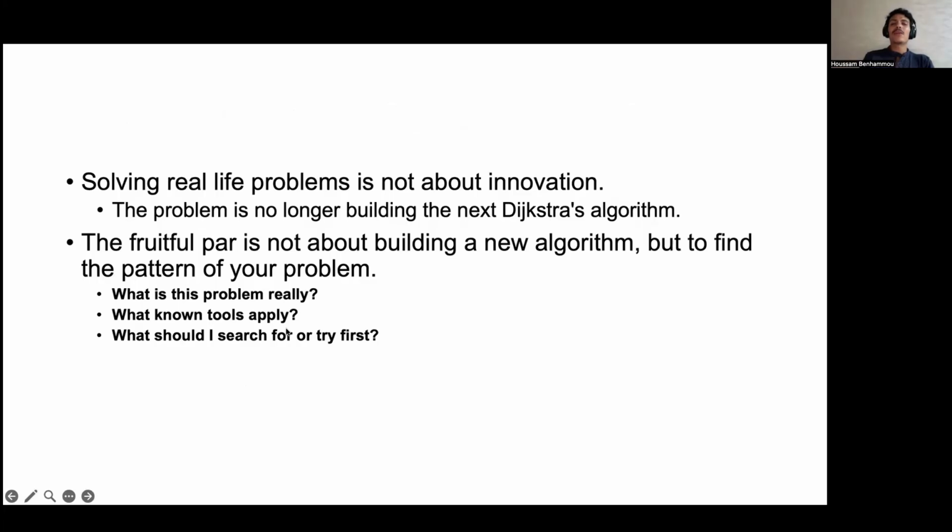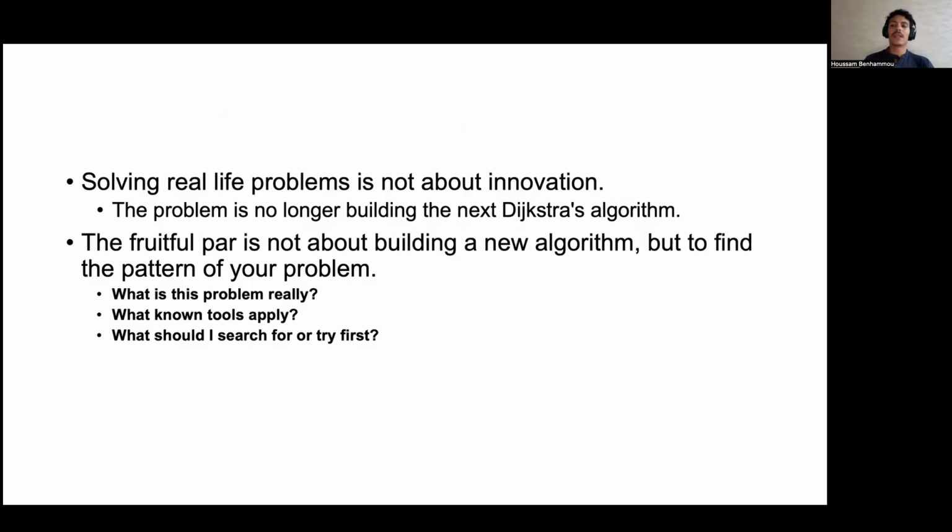So from here, we can conclude that the algorithm problems we have now in real life are no longer about making a new innovation, for example, creating a new Dijkstra algorithm. Just like all the math was laid out for the physics to work, the same goes for algorithms.